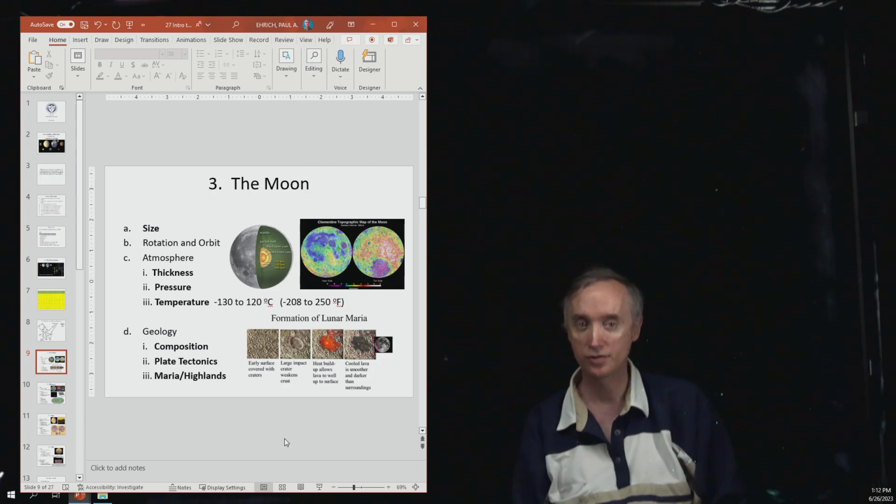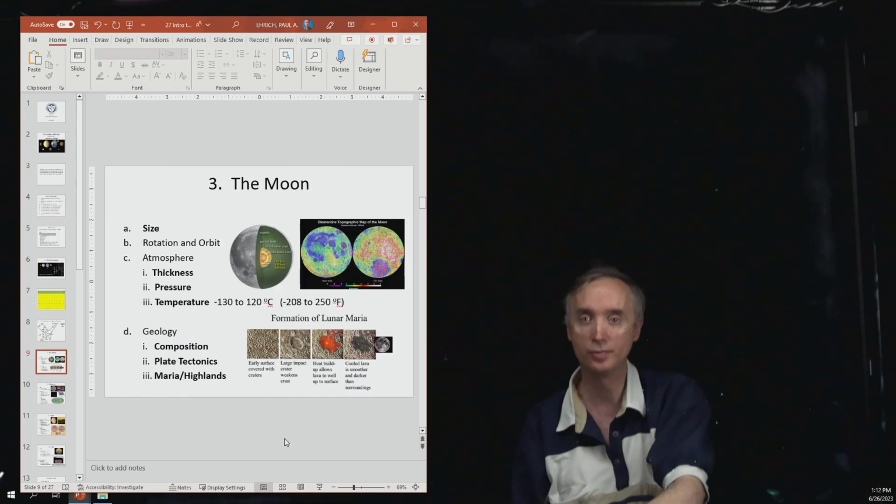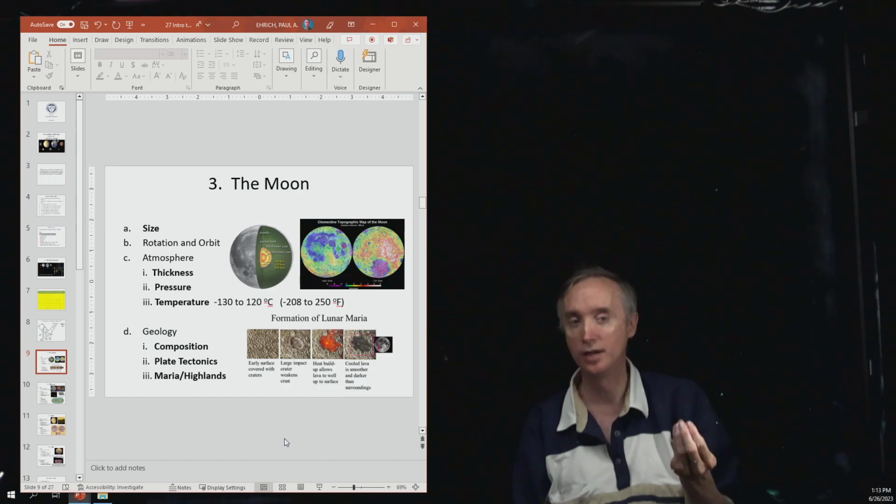Okay, now you should be able to tell me some things about the atmosphere of the moon. So now that you've got this little flow chart here, you should be able to tell me that because the moon is so small, what does that tell you about the atmosphere of the moon? Okay, the moon is small, doesn't have much gravity, so it can't hold on to much of an atmosphere. So the moon has a very, very thin atmosphere.